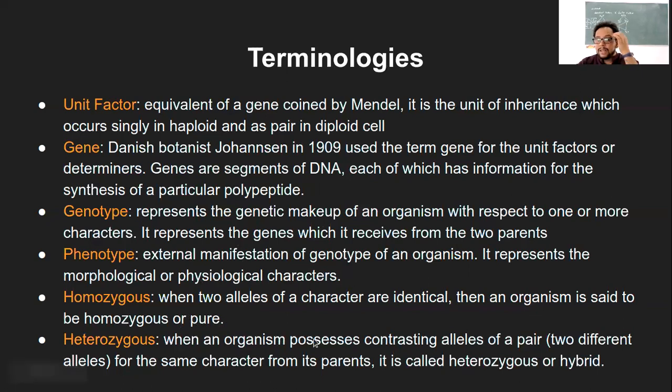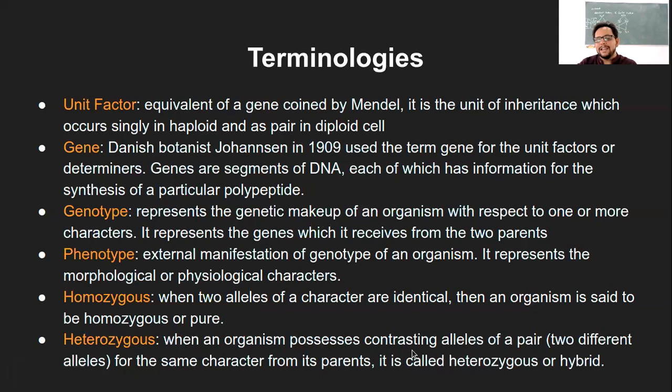So that is homozygous, and heterozygous is when there is capital T and small t, which means the organism possesses contrasting alleles. Contrasting alleles means one defines tallness, the other defines shortness, or one defines yellow color of the seed and the other defines green color of the seed.